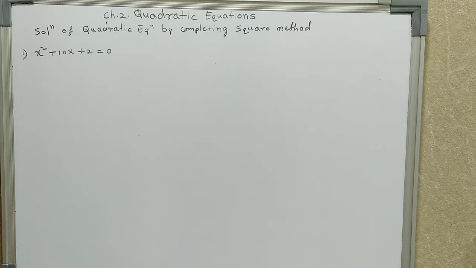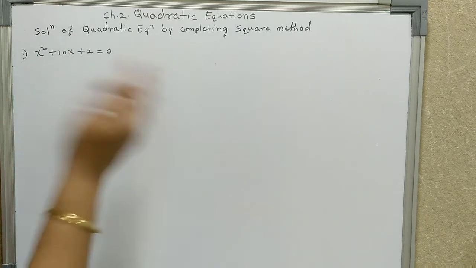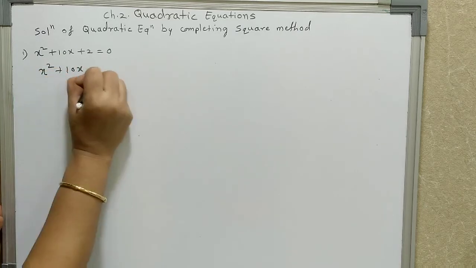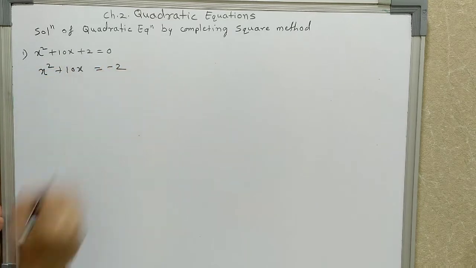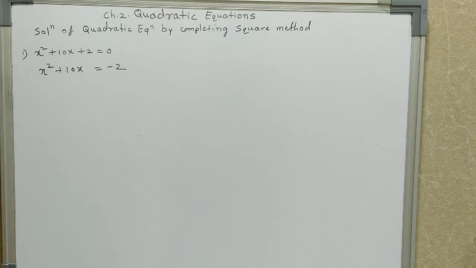Now see the example x² + 10x + 2 = 0. This is the constant. First we transfer it to the other side. Therefore x² + 10x = -2, since on the other side it becomes minus. Now we convert this into a complete square.